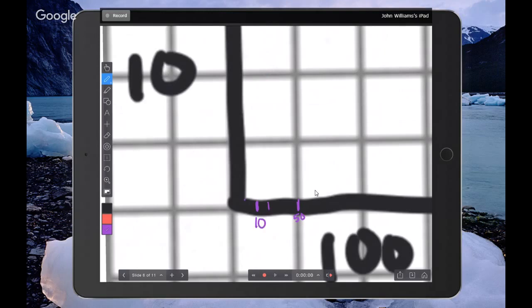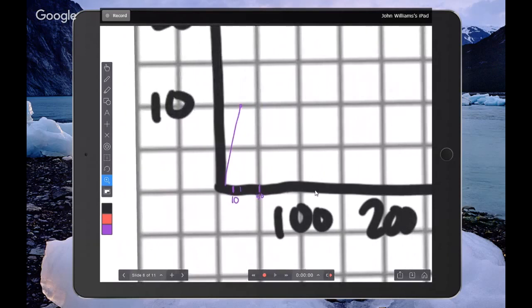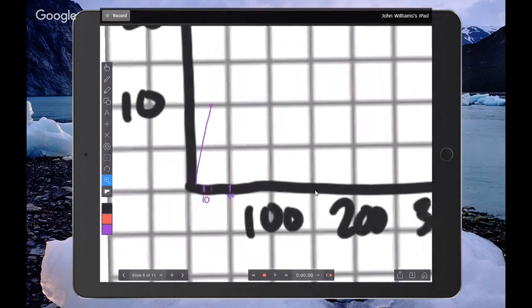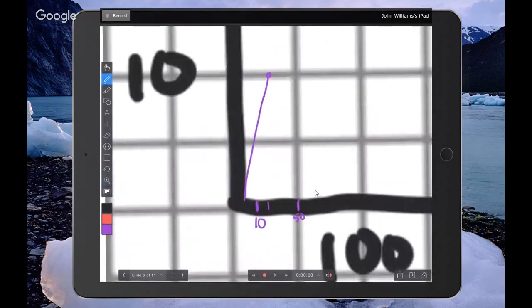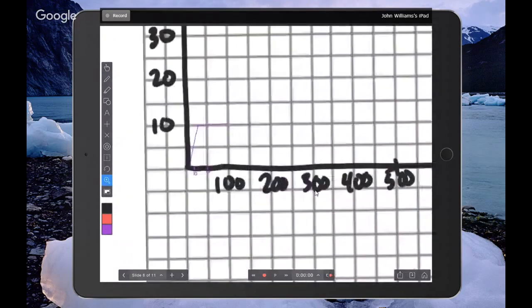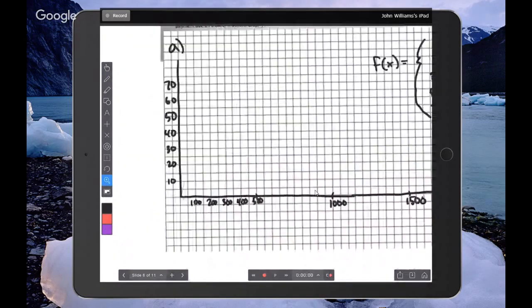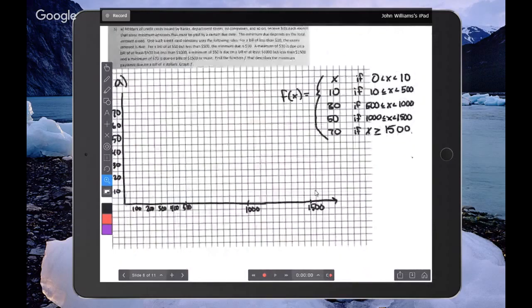We get x. And it's got a hole at the top. No, it does not have a hole at the top, because we're continuing at 10 for values all the way out to, and now I can zoom out, 500.